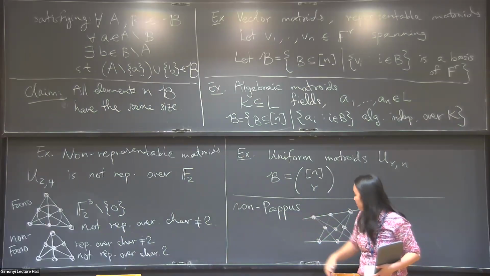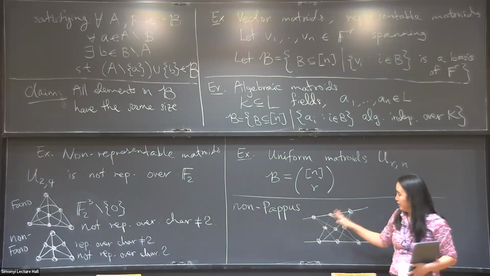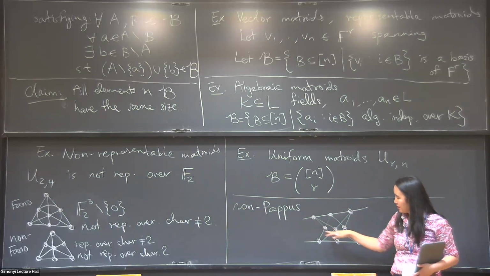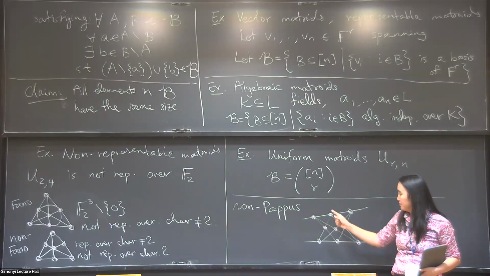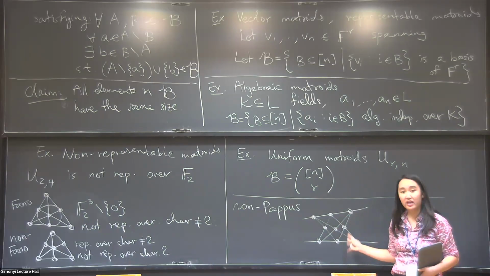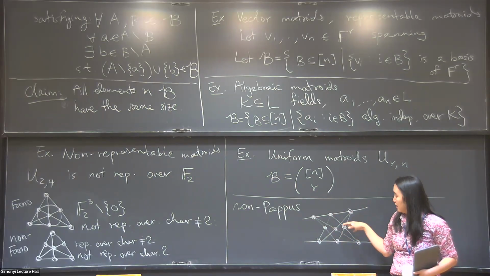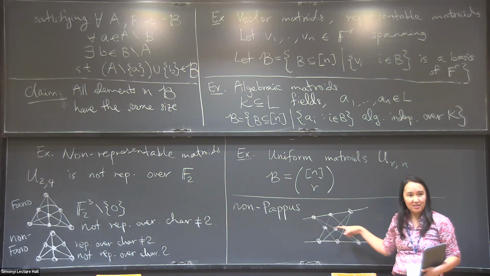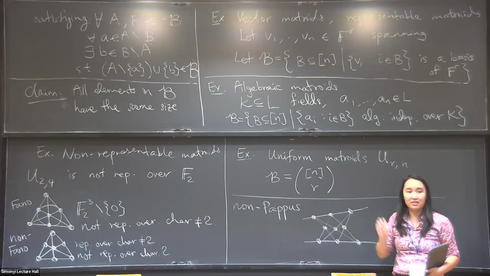I'm getting to this example, where I look at this matroid right here. Again, the lines mean that these are not independent. I'm looking at a matroid on 9 elements, and the lines mean the 3-element subsets that are not independent, and I do not put a line through the middle 3 points, which means that I am declaring them to be independent.